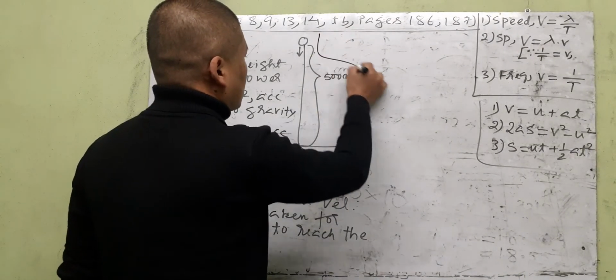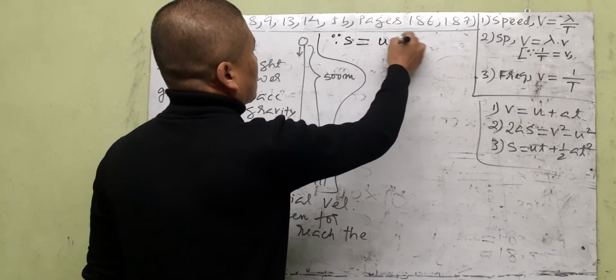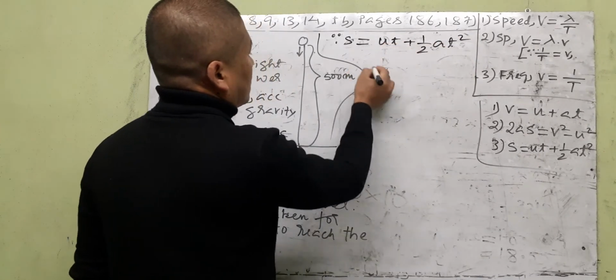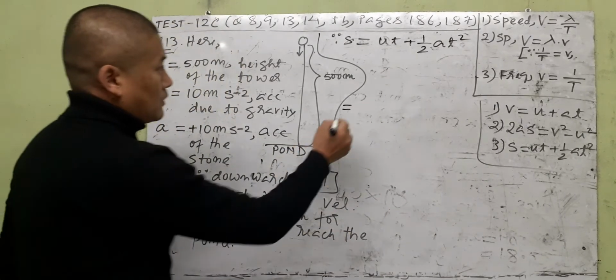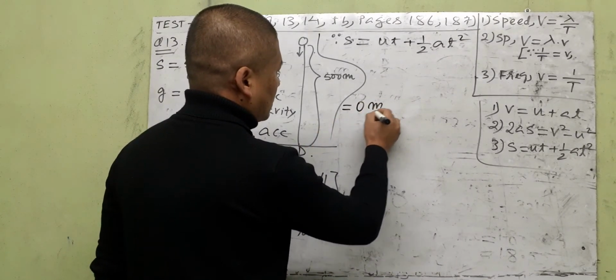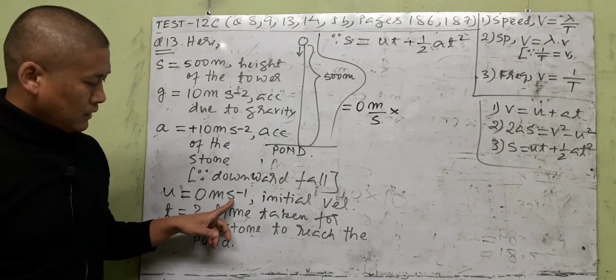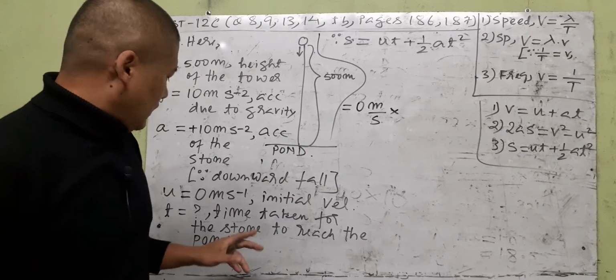So we may as well write, since by formula s is equal to ut plus half at square, that will be equal to u is here 0, so 0 meter per second, because if we bring this second to the power minus 1 to the denominator, it will become plus 1. We're doing that to cancel out the s.